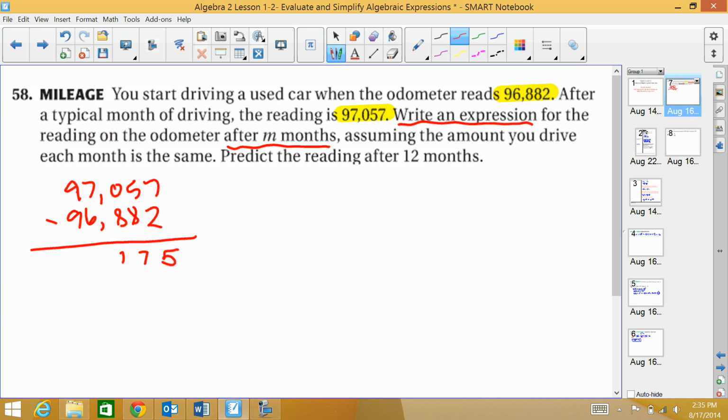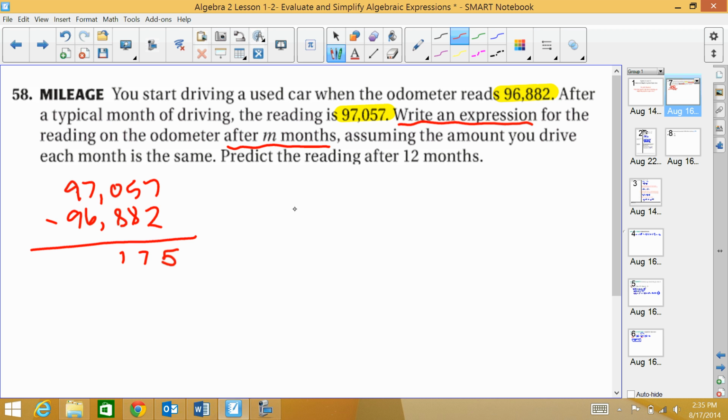That's not very much. So we're assuming that the amount that you drive each month is the same. So each month I'm putting on about 175 miles. So if I want to figure out the reading on the odometer after m months, I'm starting with my beginning initial value and then I'm adding to it every so many months.